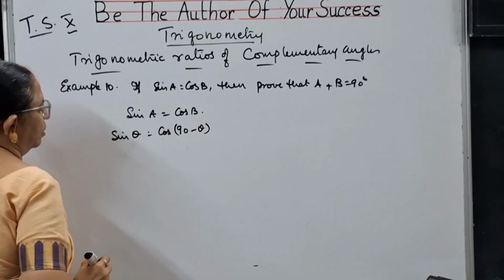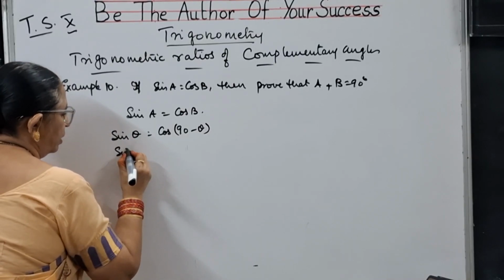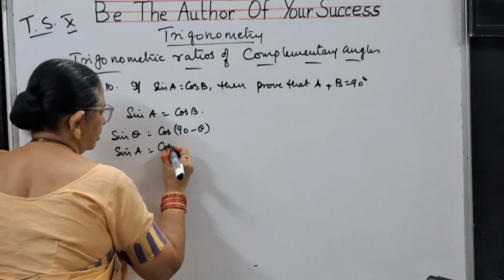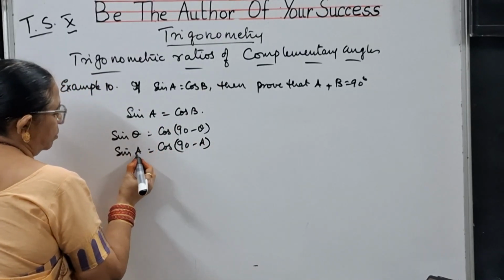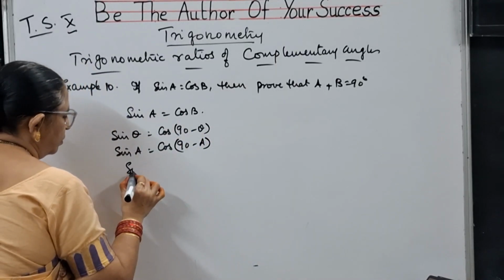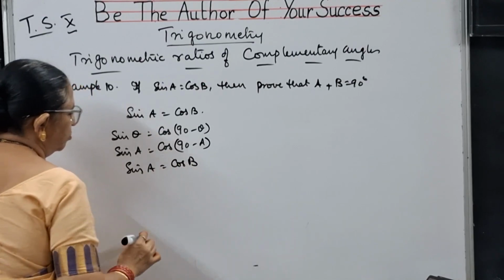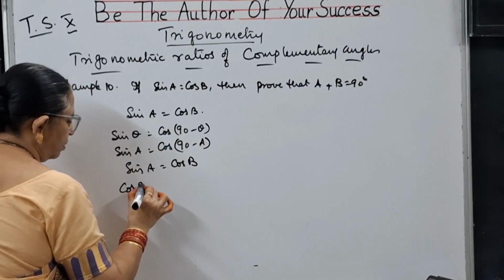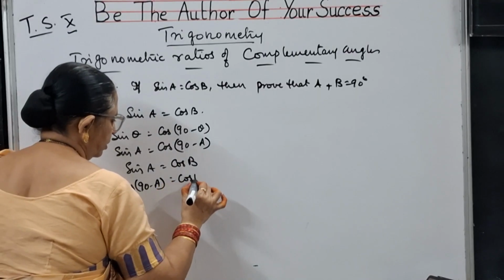This is the general formula that we have derived earlier. So what is sine A? It is nothing but cos 90 minus A, in the place of theta, A. So sin A is equal to cos B means cos 90 minus A is equal to cos B.